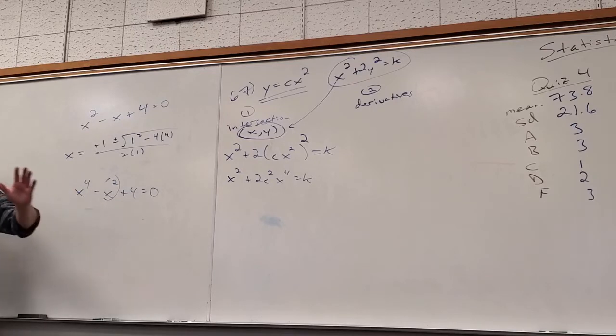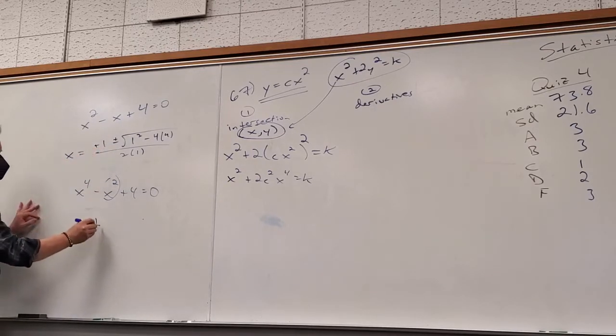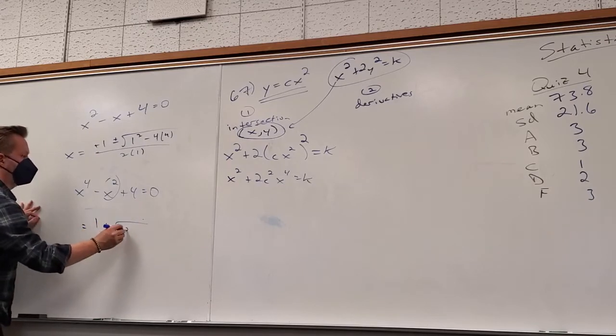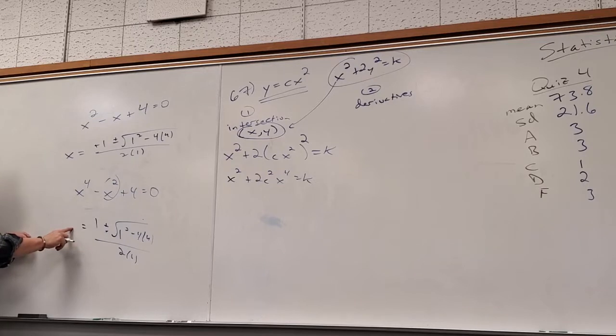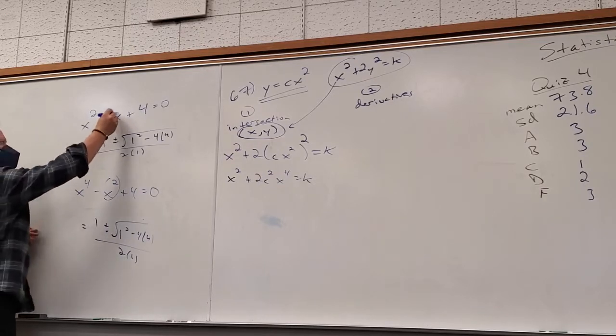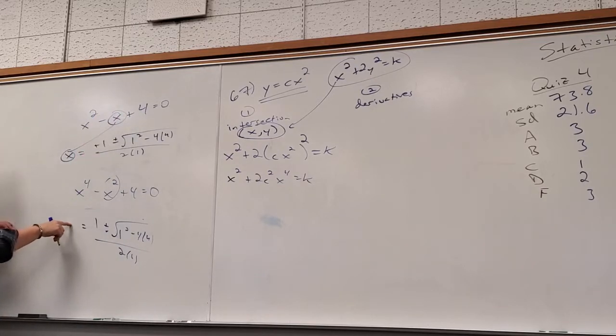No, same problem as before, right? So I use this formula. It's going to look exactly the same, except what's it going to be equal to now? This is equal to x. This will be equal to x squared. You guys have to know this stuff about quadratic in form.